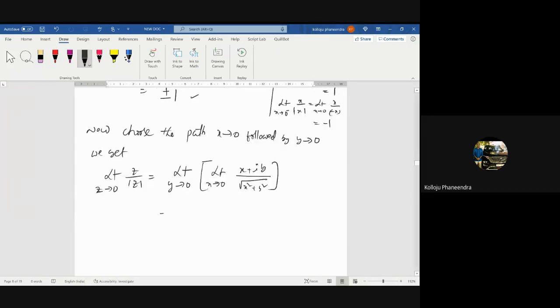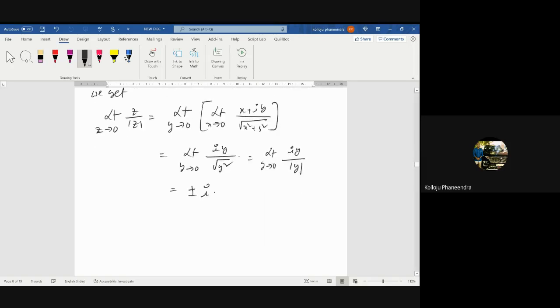Now limit y tends to 0. When x value is 0, what does this become? iy will be there and root y square will be there. So this is equal to limit y tends to 0, iy by mod y. What is this value? Same logic, plus or minus 1 multiplied by i, plus or minus i.